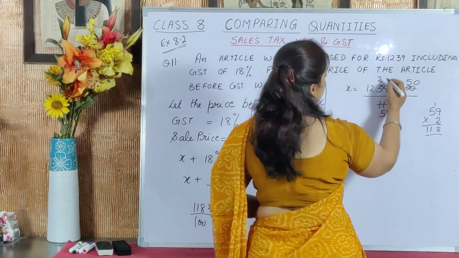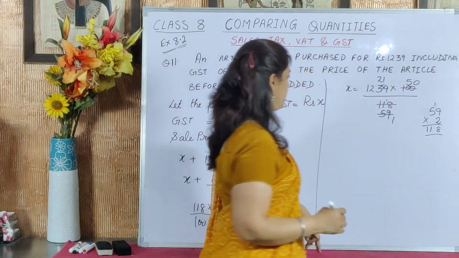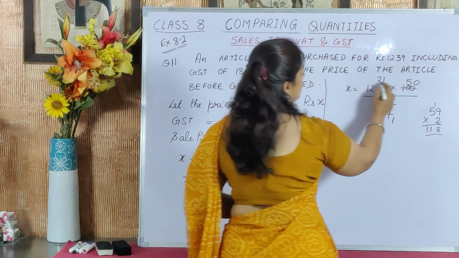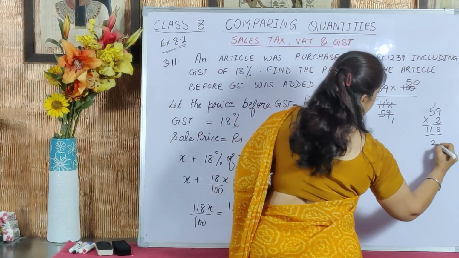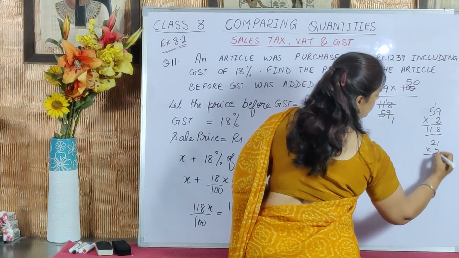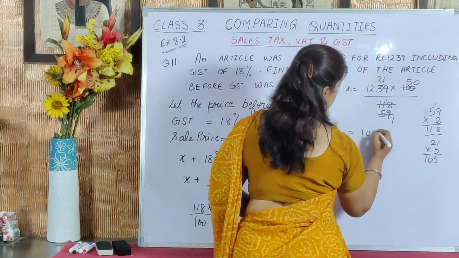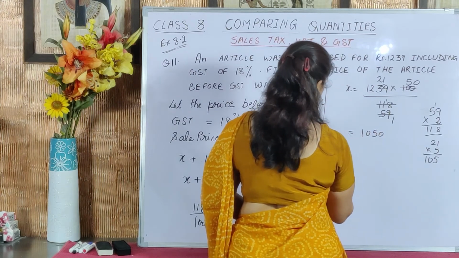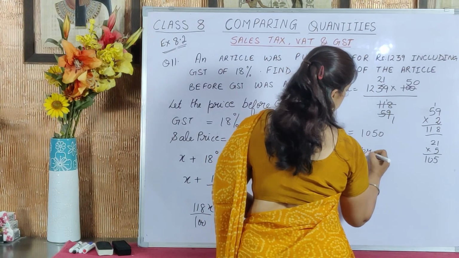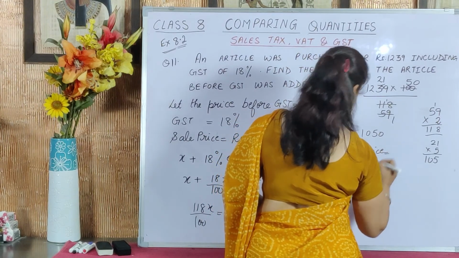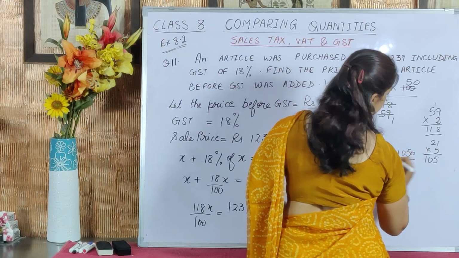So we are left with 59. It goes once. 59 goes once, it goes 21 times. So 21 multiplied by 50. So 21 into 5, 5 ones are 5, 5 twos are 10 and 1 0, 1050. So the original price of the article before the GST is rupees 1050.